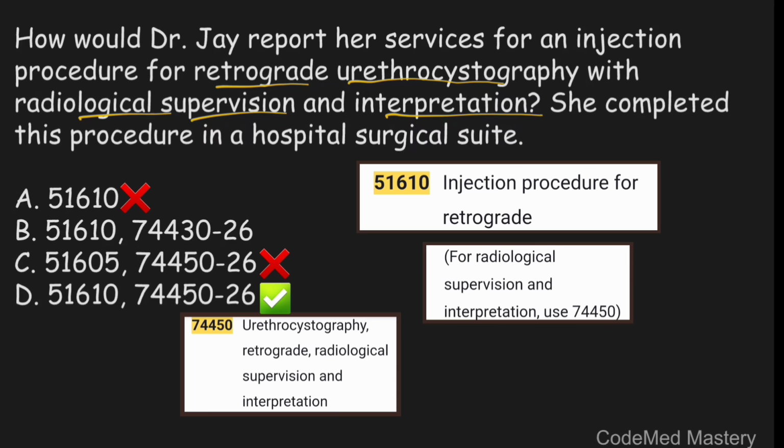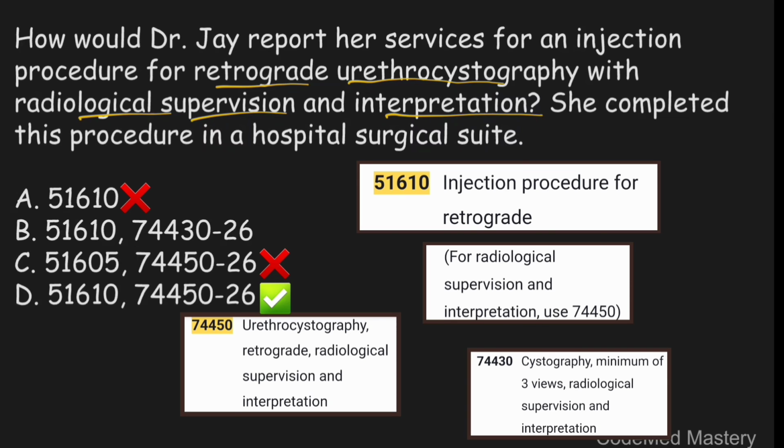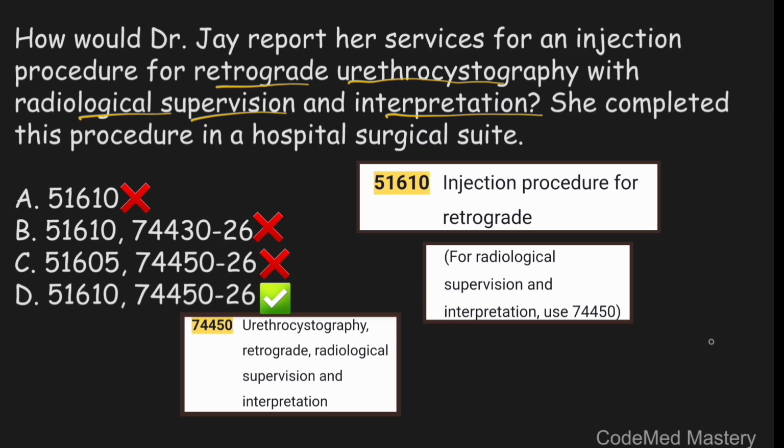So eliminate option A. We'll eliminate option B because the second code 74430, that is for cystography minimum of 3 views, radiological supervision and interpretation. But we have to code for urethrocystography, retrograde, radiological supervision and interpretation. Therefore, option B is wrong.